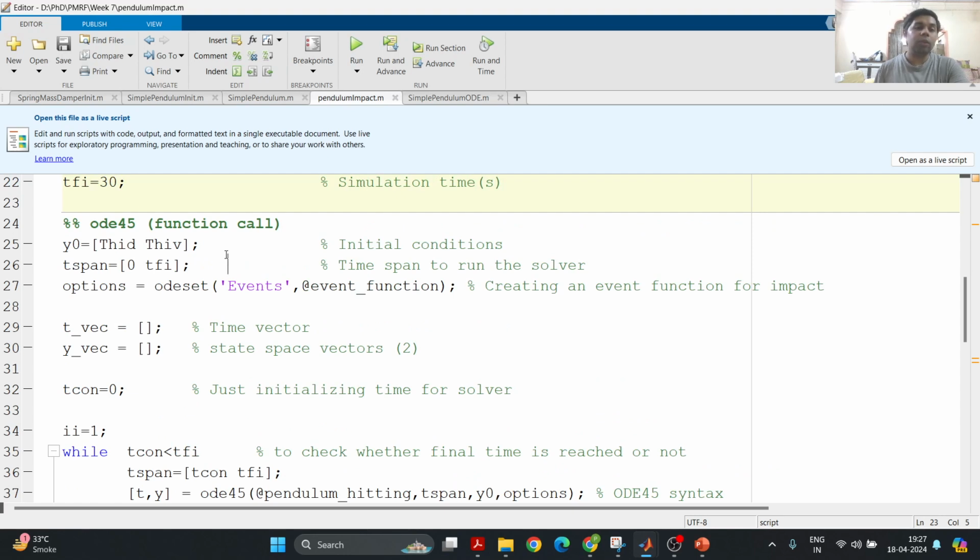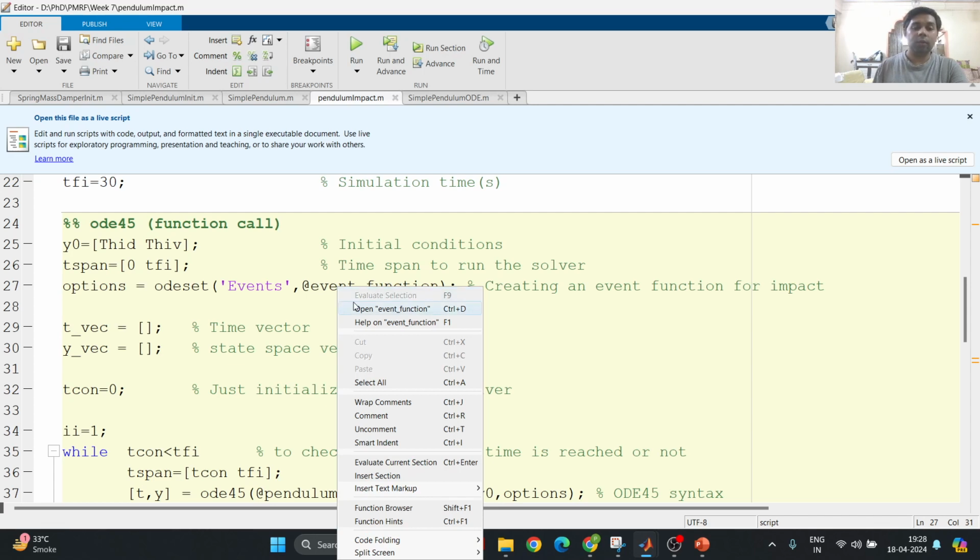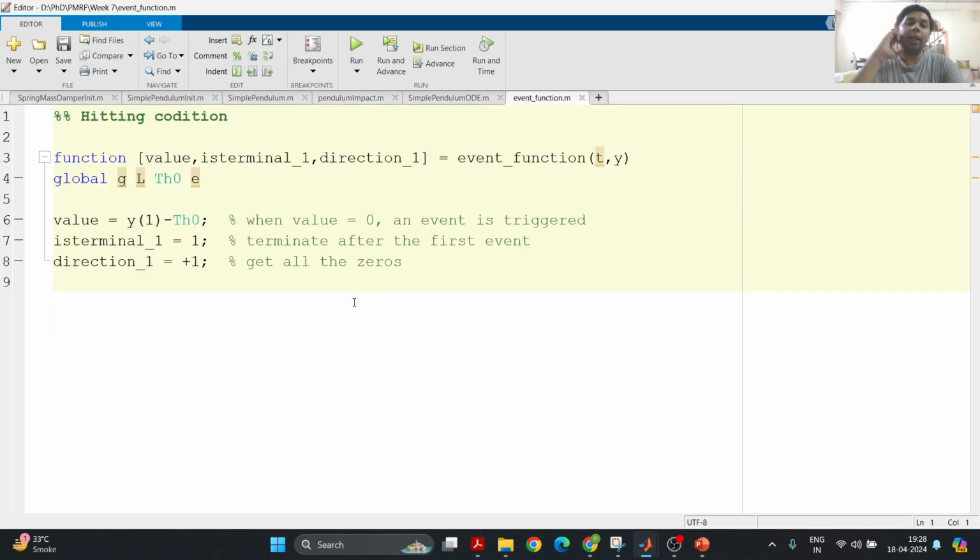Then we actually go to the ODE45 solver. So there we use this events functionality, where we detect the event at which, so we write an event function which will take the time and the state variable vector values.